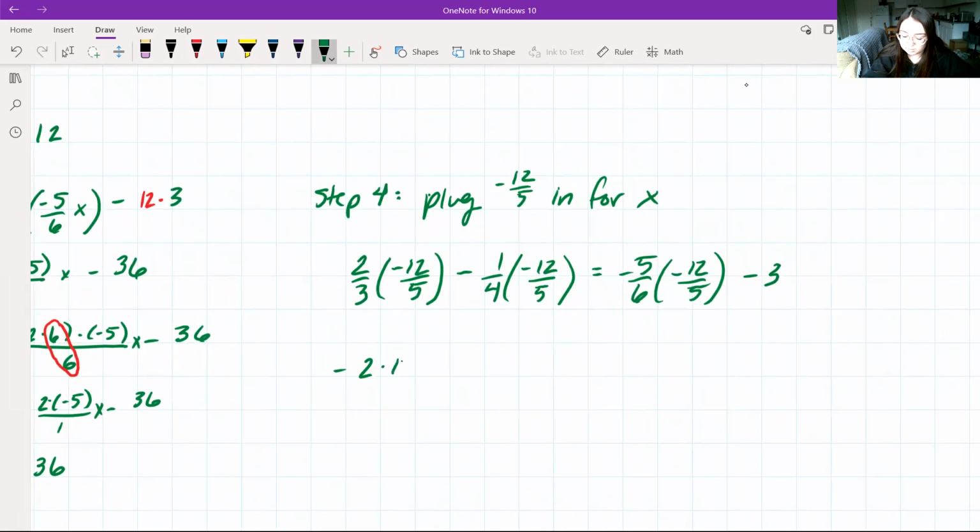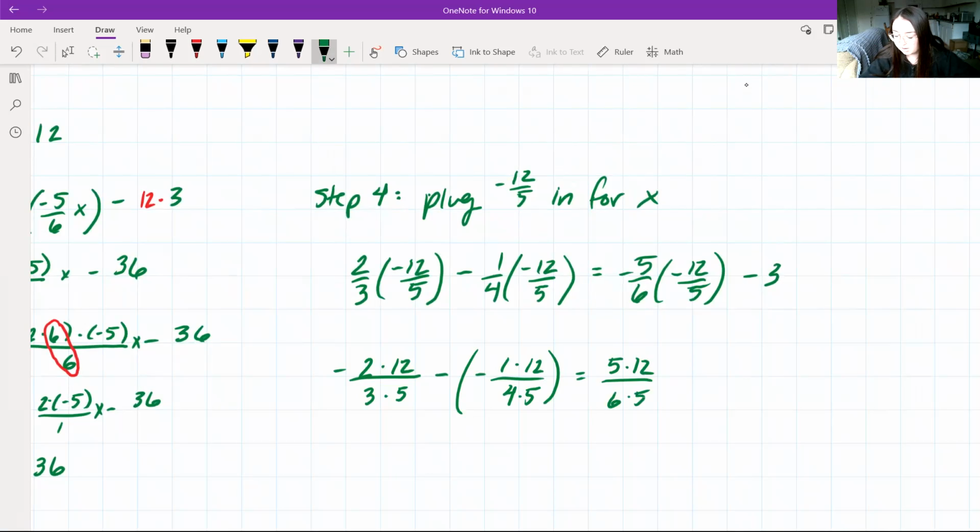So we have 2 times 12 divided by 3 times 5 minus, and this is going to be negative because we have another negative fraction multiplied by a positive fraction, and this gives us negative 1 times 12 over 4 times 5 is equal to, and now we have a negative times a negative, so our answer will be positive. We have 5 times 12 divided by 6 times 5 minus 3.